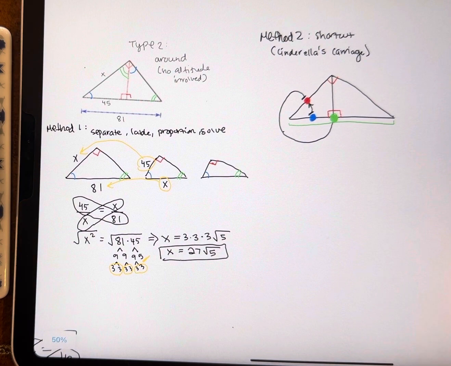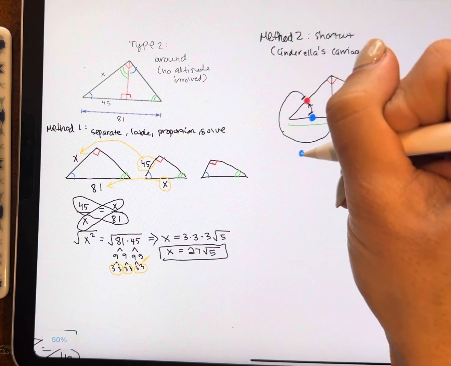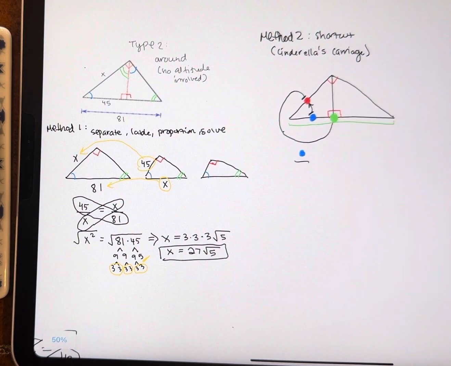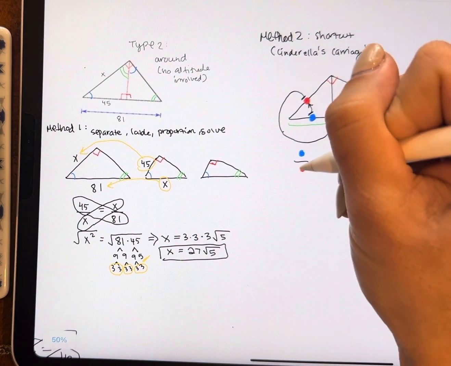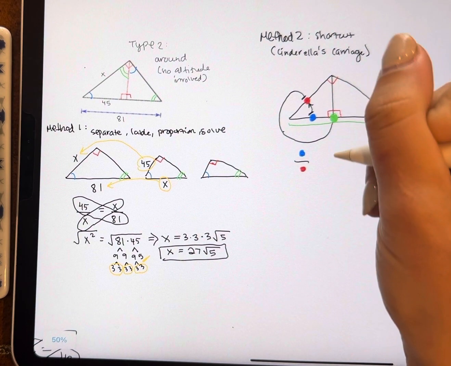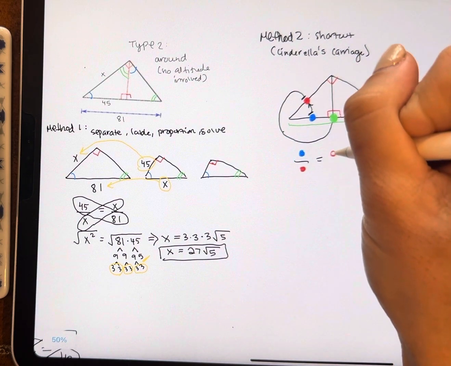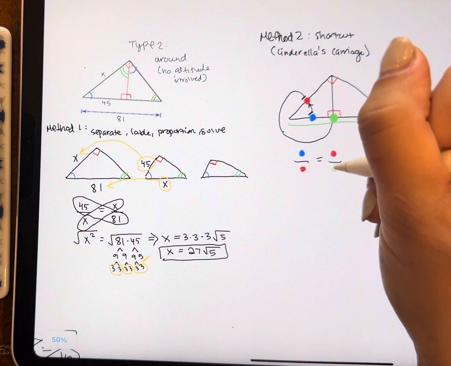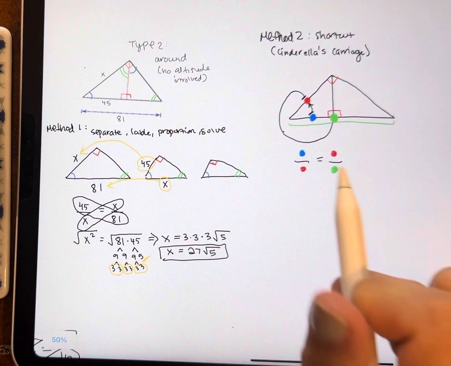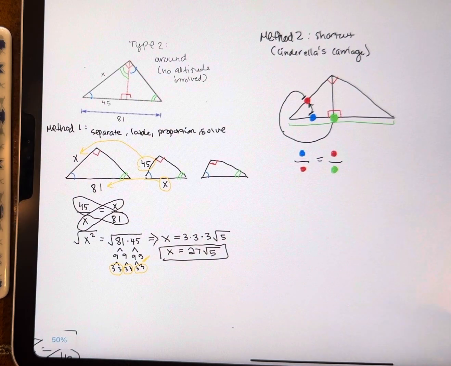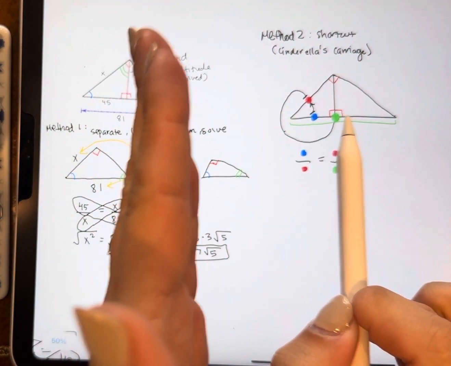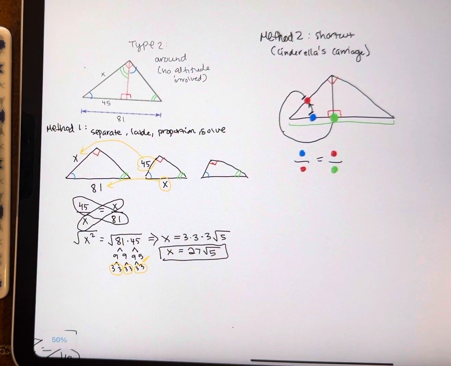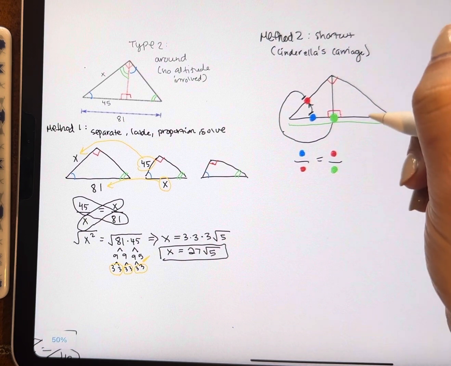All right, so here's what we get with that. We get this blue side over the red side equals the red side over the entire hypotenuse of the largest triangle, which in this case I made the green right there. Now, it's true for the left side. The right side is the same thing, so it's true for that side as well. So we can also do this side the same way.